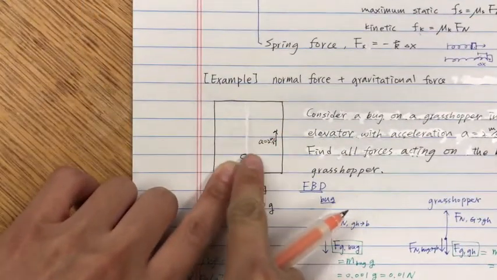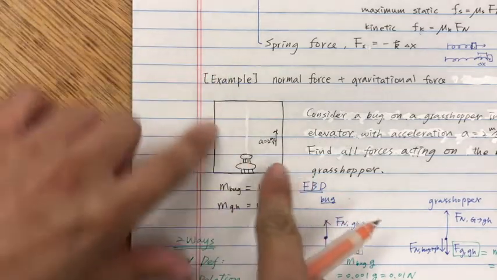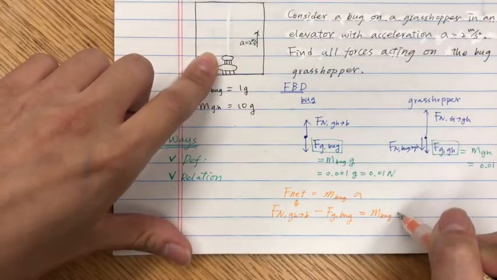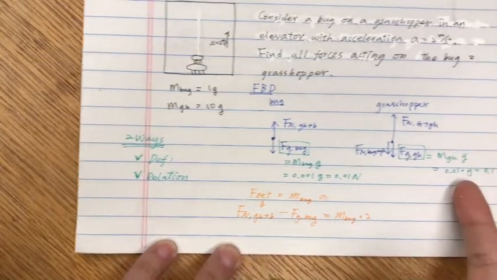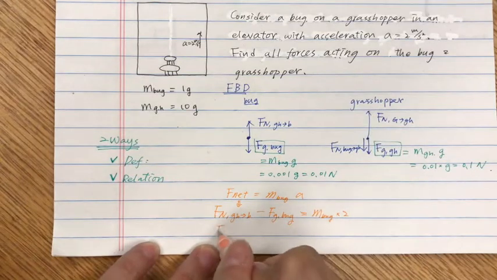And what's the acceleration here? Acceleration of this guy is, because it's in the elevator, so its acceleration is also, the a is 2. Okay, so let me start to put in all the numbers and information I have.